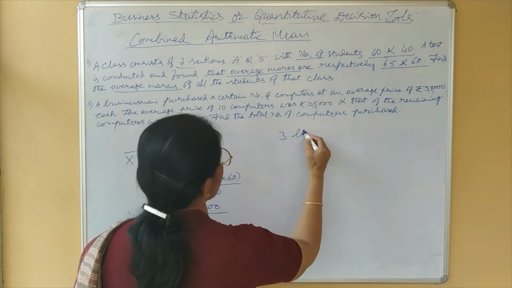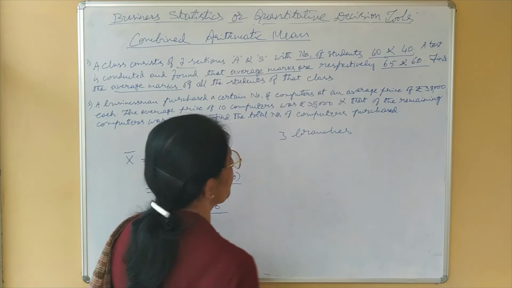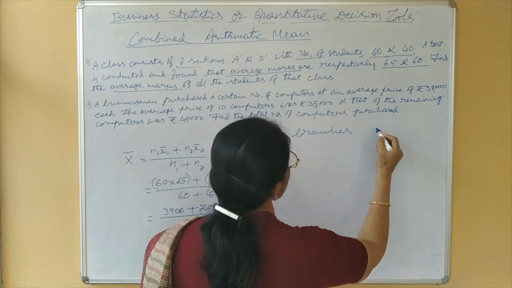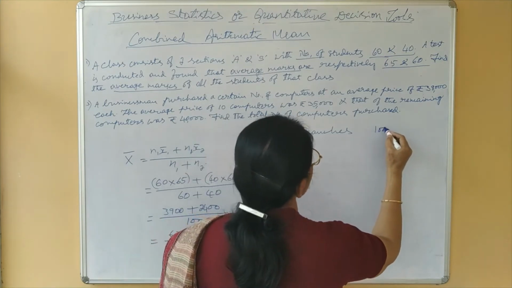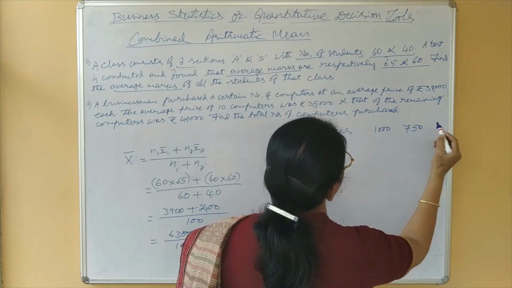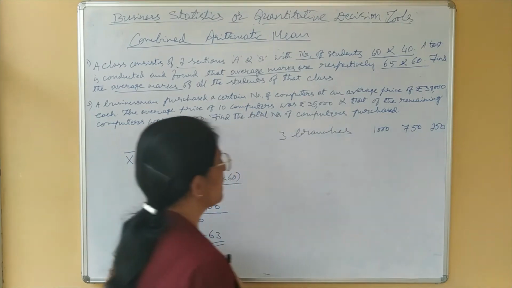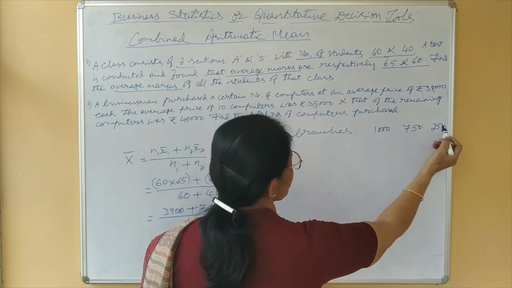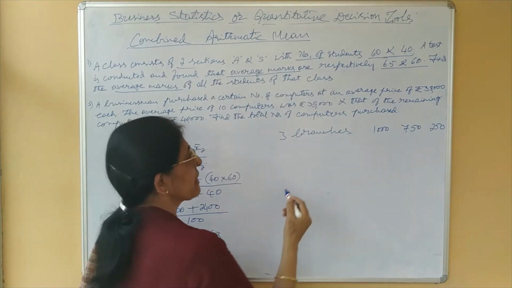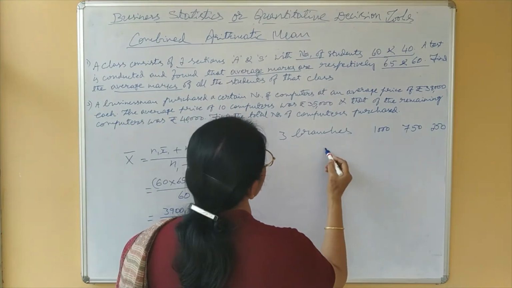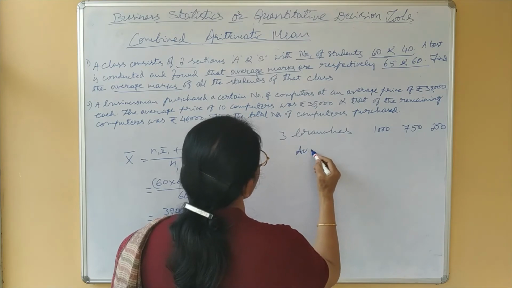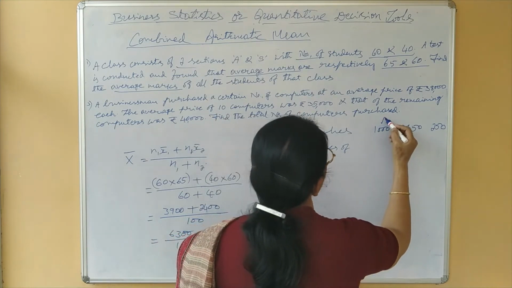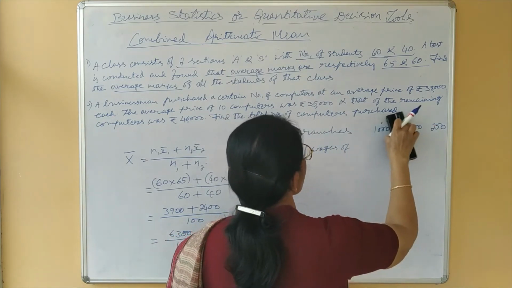Now in case the problem is like this, it may be given: a factory consists of 3 branches with number of workers 1750 and 250. You may take branch A, or branch 1, 2, 3, like that.